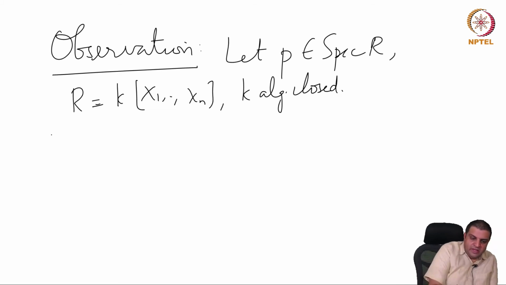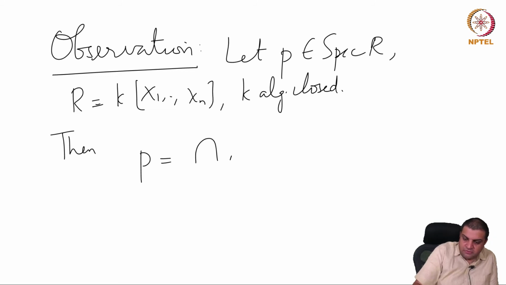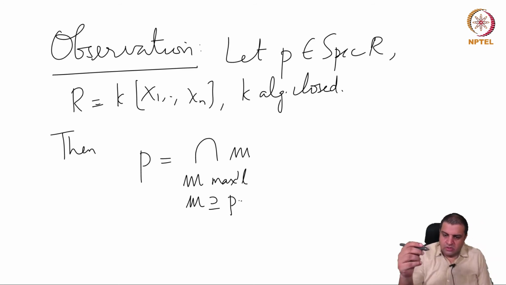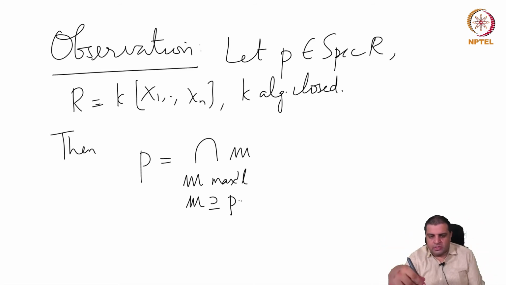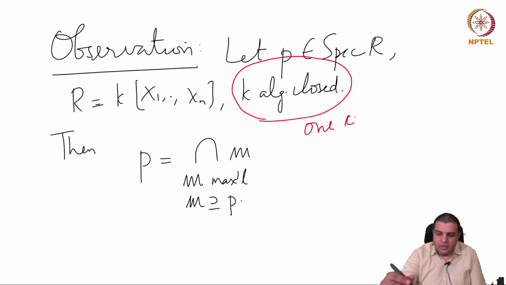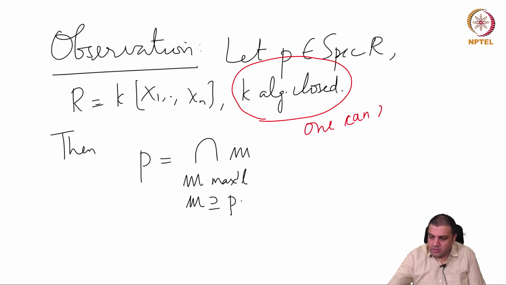Then P is the intersection of the maximal ideals M, where M is a maximal ideal containing P. This is a property about polynomial rings over fields. One can remove this hypothesis.